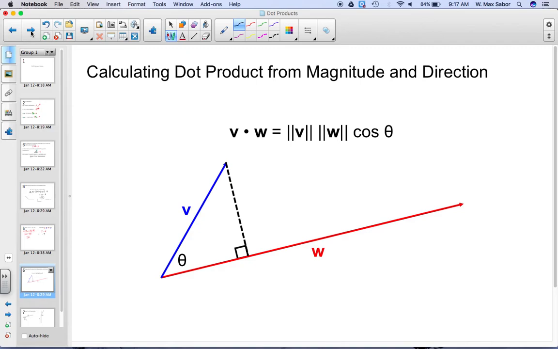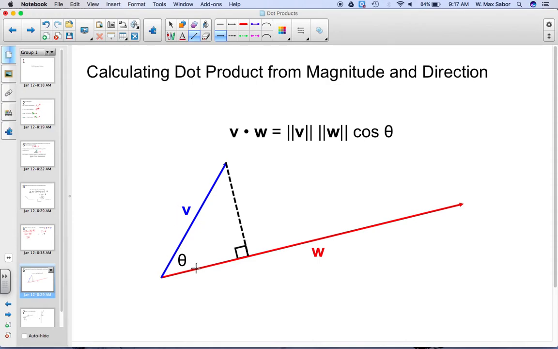If we are given the magnitude and direction of the vectors, we can look at the dot product in terms of those. So if you look at this diagram, we have two vectors, v and w, and what we tend to talk about is the projection of v onto w. So think of it as what part of v is parallel to w.